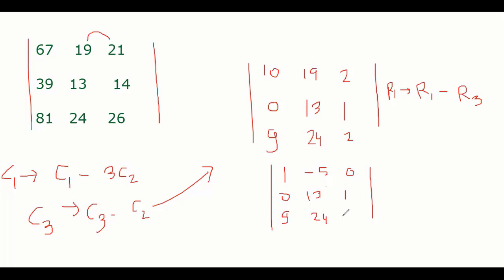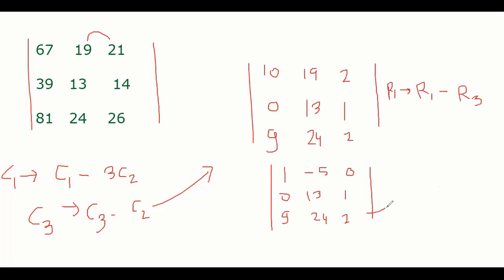It became a little smaller, right? Anything else? Tell me. Subtracting row 3 from row 2, it will become 9, 9, right?